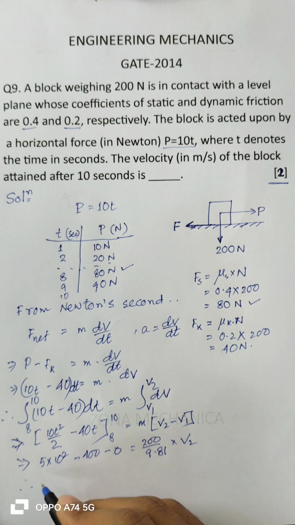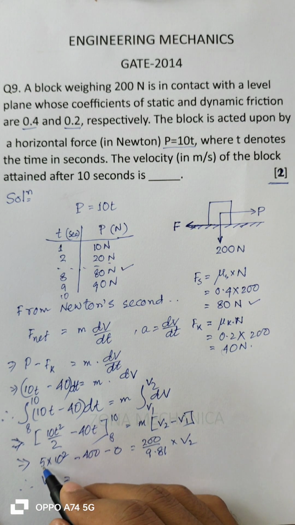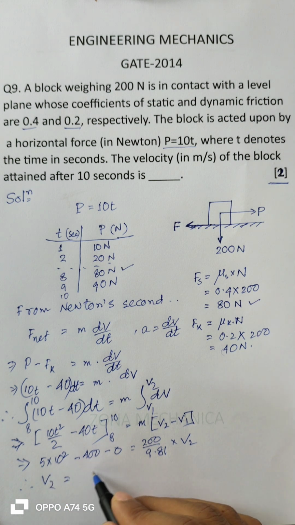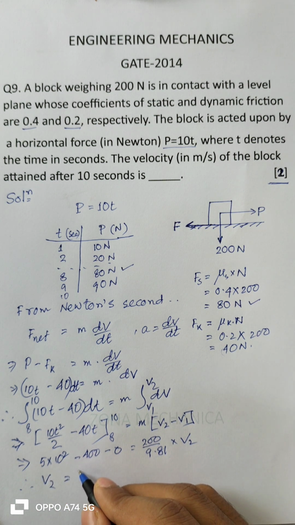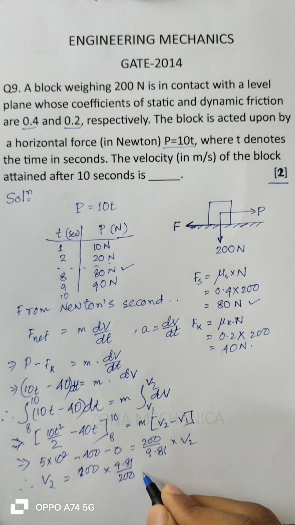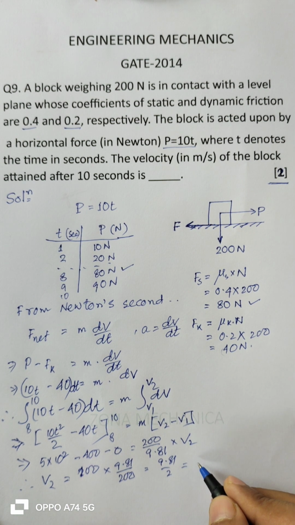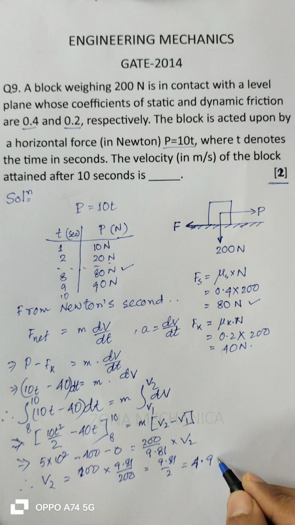Therefore v2 will be equal to 500 minus 400, so 100, into 9.81 by 200, that is equal to 9.81 by 2, which is 4.905.